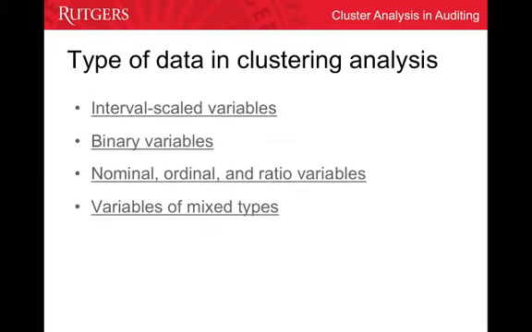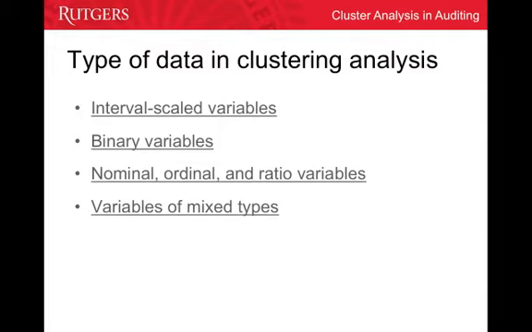So let's go back and review a little bit what kind of data we usually refer to. In clustering analysis, the data types we may deal with include the interval scaled variables, which are the continuous variables or quantitative variables we have discussed before.